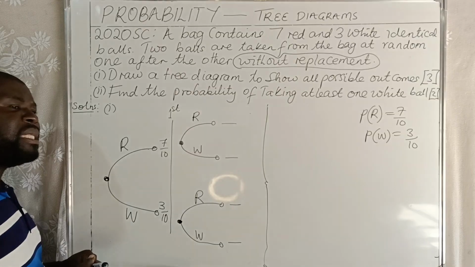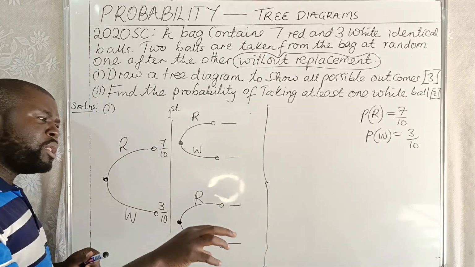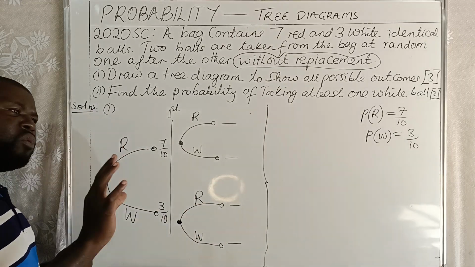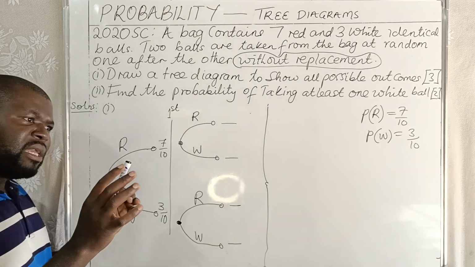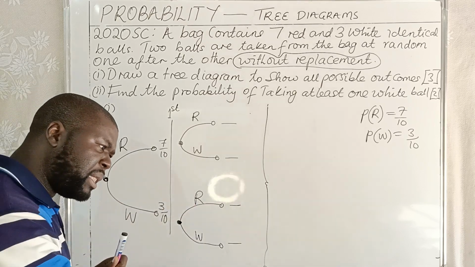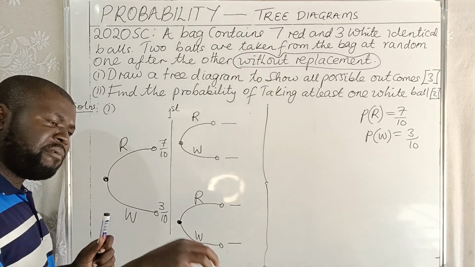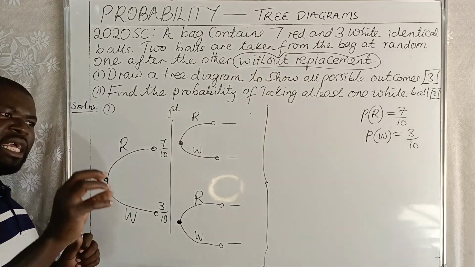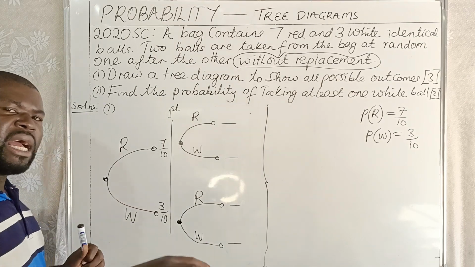Without replacement, meaning that the first ball that was picked was taken for good. It was never replaced. Because initially there were 10, and this one ball that was picked, we know it was one ball in the first picking because we are told that the balls were being picked one after the other.